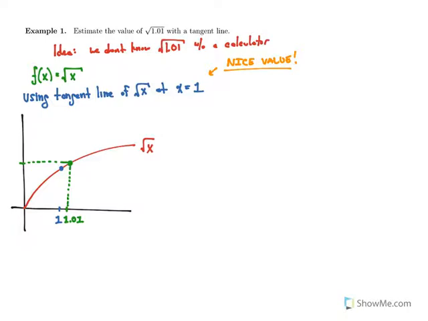But we're going to use the tangent line at 1, which is going to give us another point to deal with. That point, the point that lies on the tangent line, is going to be our approximation, while this is our actual value. All right, so let's see how this is done. First, we need to build the tangent line at x equals 1.